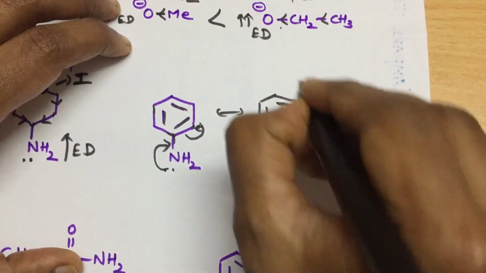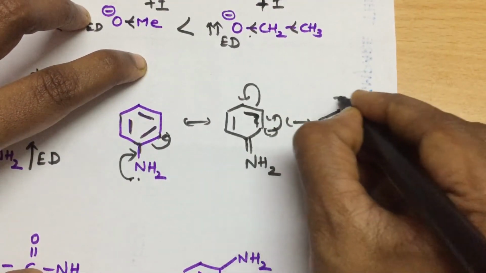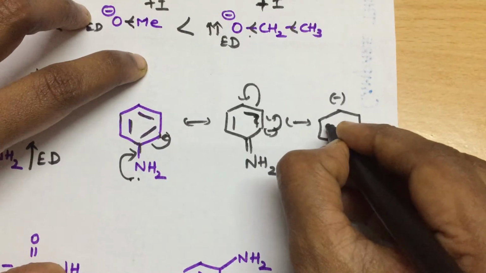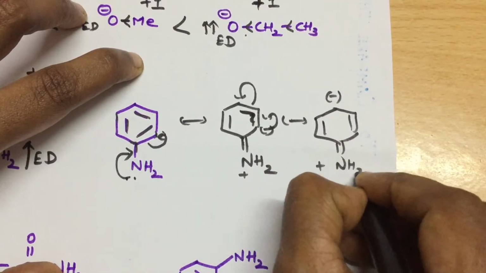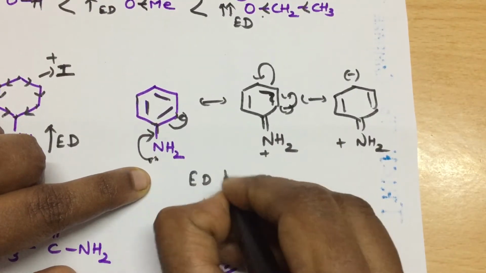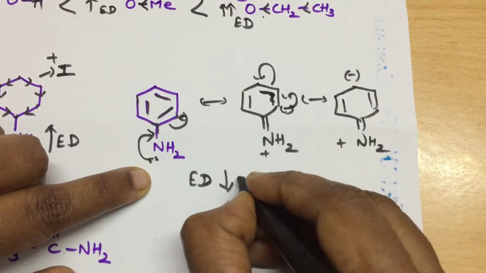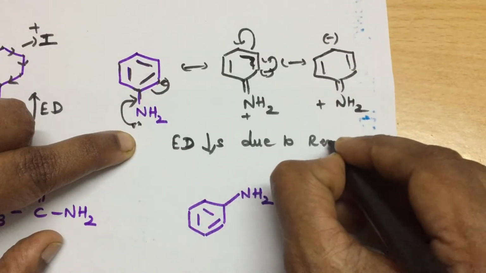You have invested it, cash is not here, like that only. So here it is in resonance, so the electron density decreases. ED means electron density; it decreases due to resonance.